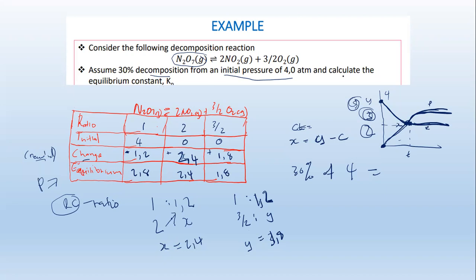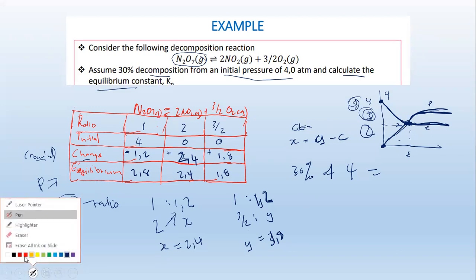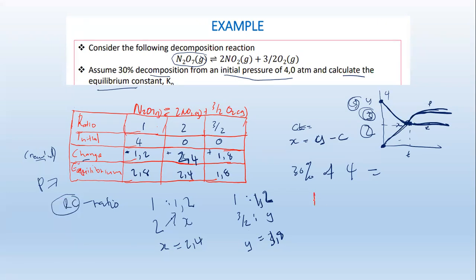Therefore we can now calculate the equilibrium constant using the pressure. Remember we said it's Kp. Therefore now let us do our calculation. Let me change my color over here. Let me go to red. So we're going to say Kp is equal to, start with the expression first before you do your substitutions.